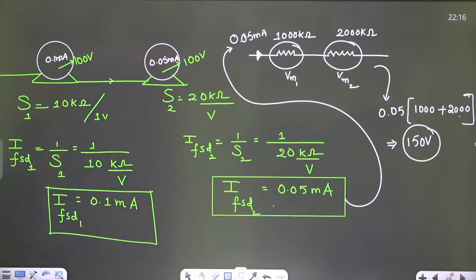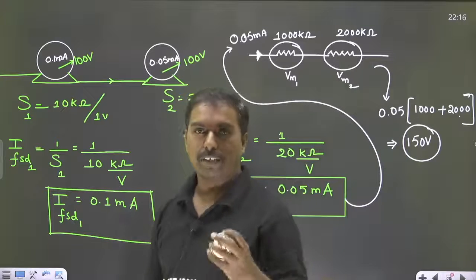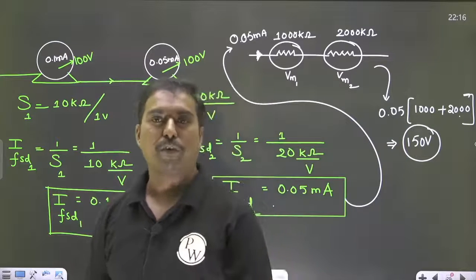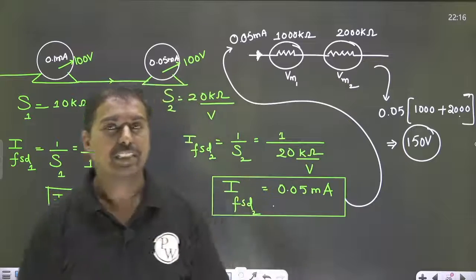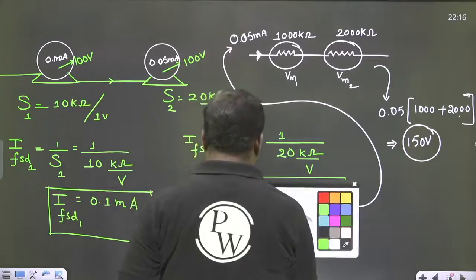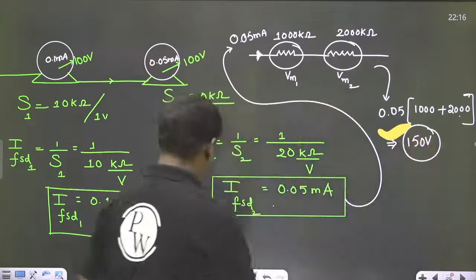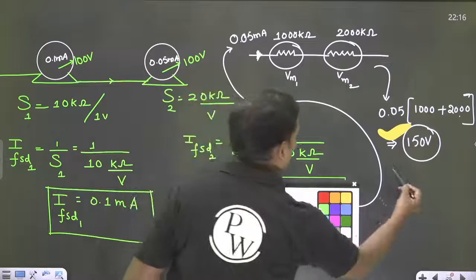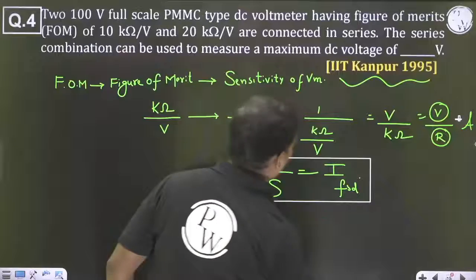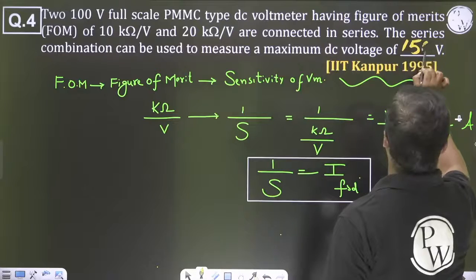Okay, so two voltmeters are in series. Out of that, one particular voltmeter is getting a full scale deflection current of 0.05 milliamperes, and the internal resistances are calculated according to their sensitivity. So the right answer for this question is a DC voltage of 150 volts.